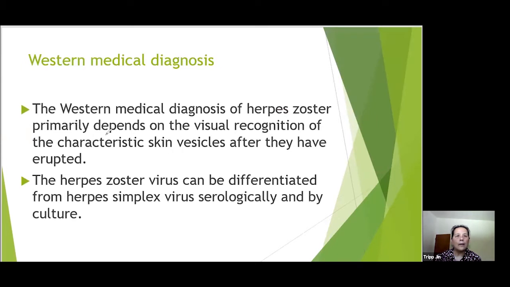So when we talk about the Western medicine diagnosis for this illness, basically by the skin rash and some painful situation, especially on one side of the body, we can basically get a diagnosis already.